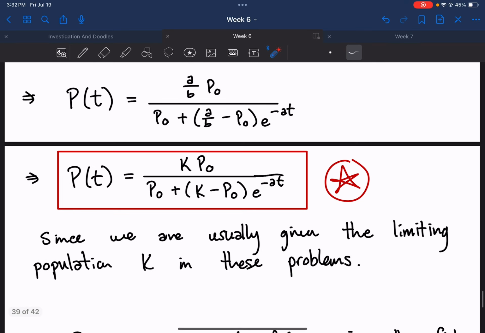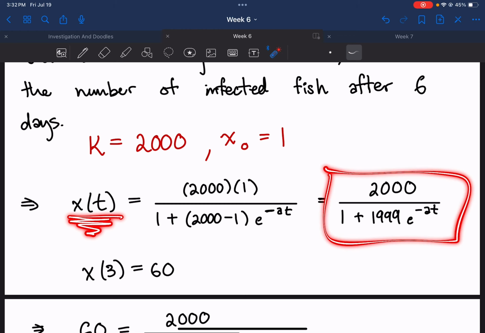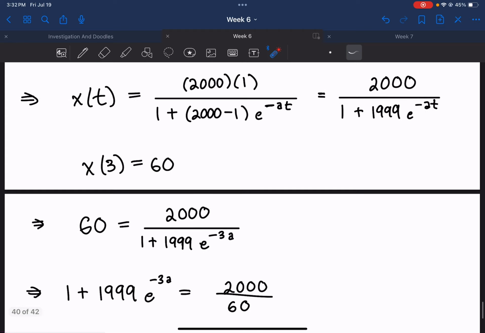This is just copying down that previous formula and plugging in for K. That means that in general, our number of infected fish at time t is given by this equation. But we don't know what a is. Thankfully we can use our secondary condition that after 3 days there were 60 fish to pin down a.